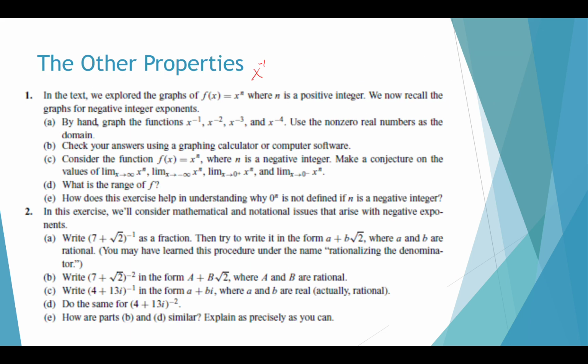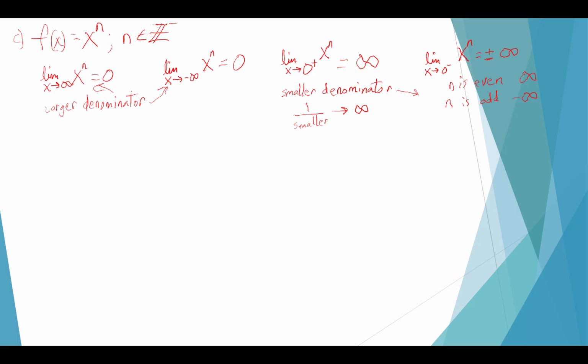What was the next question? What is the range of this? Okay, so let's consider this range. Here we have A, B, C, D. So what's the range? The range of f of x equal to x to the n, n is a negative integer.